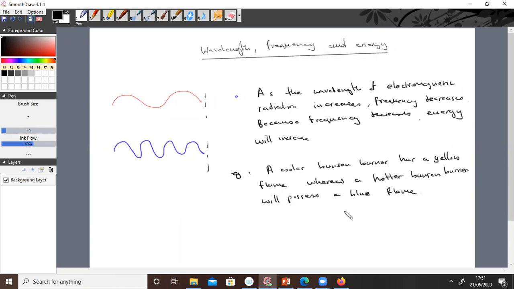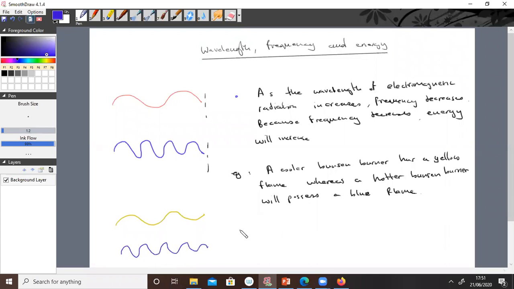We'd say yellow, if I draw it down here, I'll draw a yellow color to give us a visual understanding. Yellow has a bigger wavelength here than blue, which we already know about. Blue is shorter than yellow anyway. So I'll just redraw the blue as well to give us a really solid understanding.